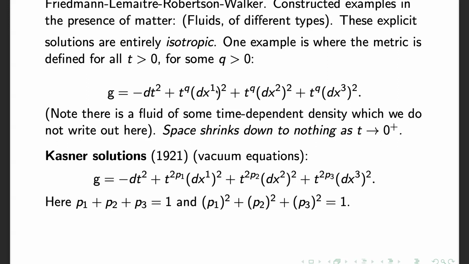And you've got three separate exponents, which are forced by the Einstein equations to satisfy these two equations. You will note by elementary first grade math, one of the numbers must be negative, possibly zero. If the sum of the squares is 1 and the sum of the numbers is 1, one must be negative. Which means that there must be one direction of expansion. So in these explicit solutions, one must have a direction of expansion.